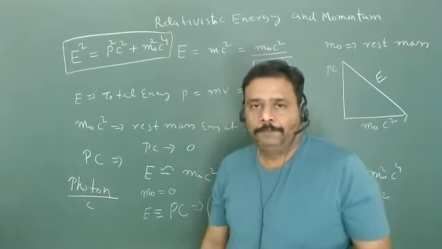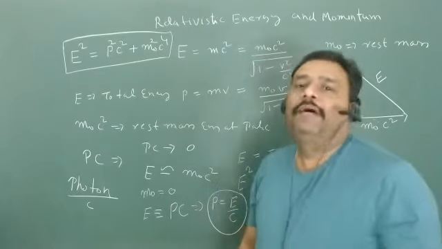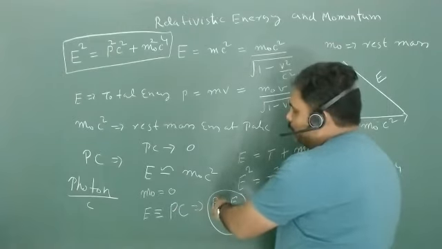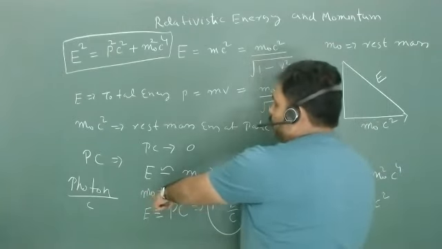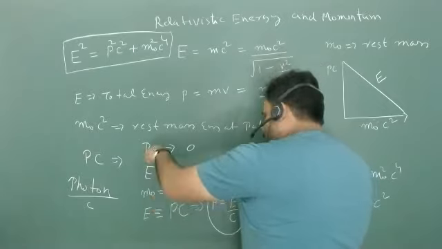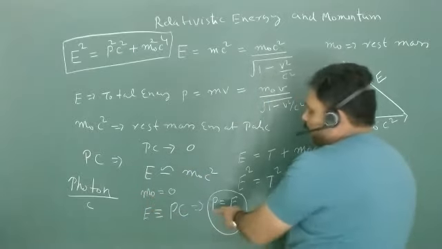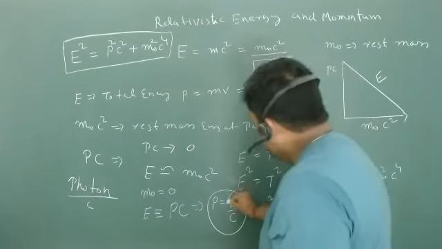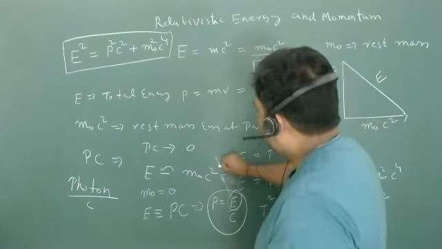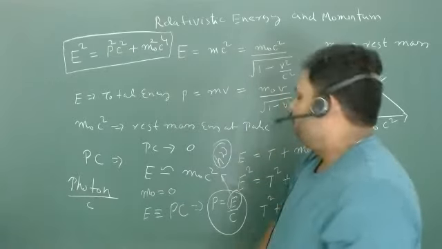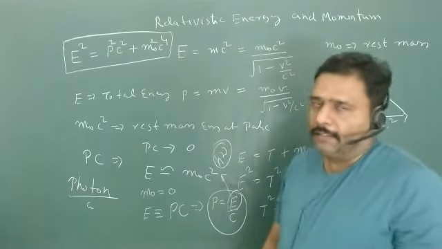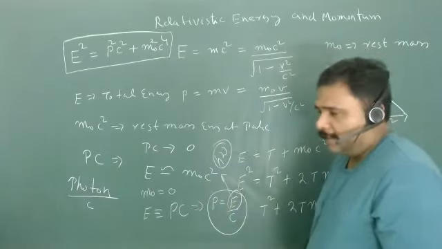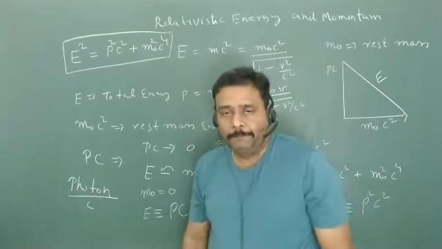So yes, we can define a massless particle, and that massless particle has momentum in spite of having zero mass, which will be E upon C, because the energy will be defined as h nu, or can be a function of lambda. So this is all about the definition of a photon or massless particle.